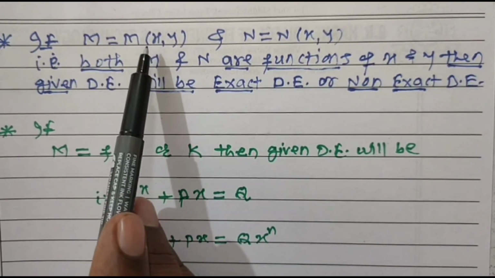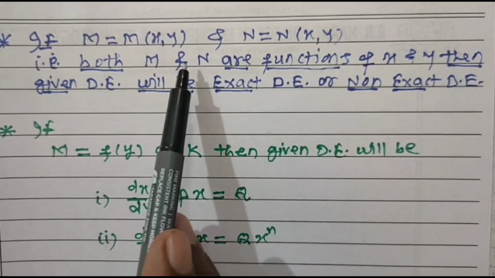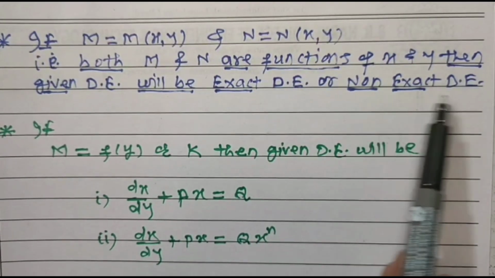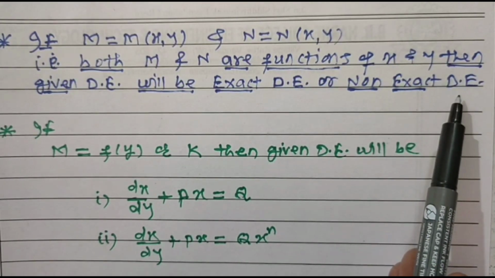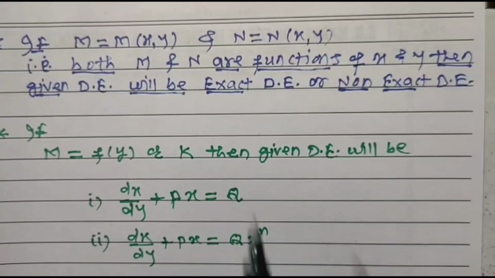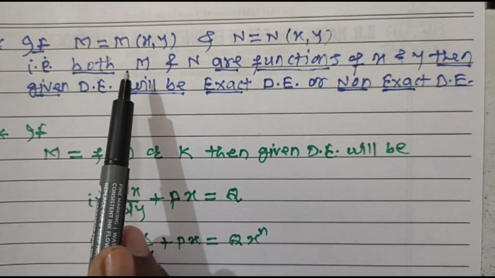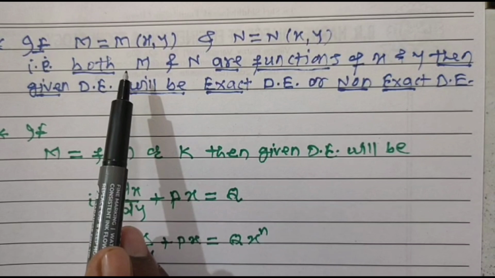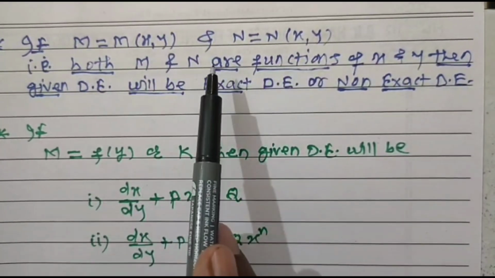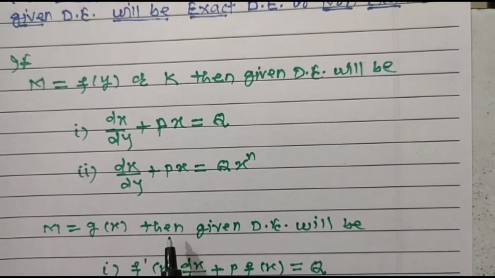M में x भी है y भी है, N में भी x भी है y भी है. तो उस केस में वो डिफरेंशियल इक्वेशन या तो एग्जैक्ट डिफरेंशियल इक्वेशन रहेगा या नॉन एग्जैक्ट डिफरेंशियल इक्वेशन रहेगा. ठीक है, और ये बाकी जो है ये केसेस, इसका मतलब समझ में आया. एग्जैक्ट डिफरेंशियल इक्वेशन एक टाइप या एक फॉर्म, नॉन एग्जैक्ट वाले 4 फॉर्म्स, टोटल 5 फॉर्म्स इसमें आएंगे. बाकी 6 फॉर्म्स बाकी इसमें आएंगे, नीचे वाला पार्ट.